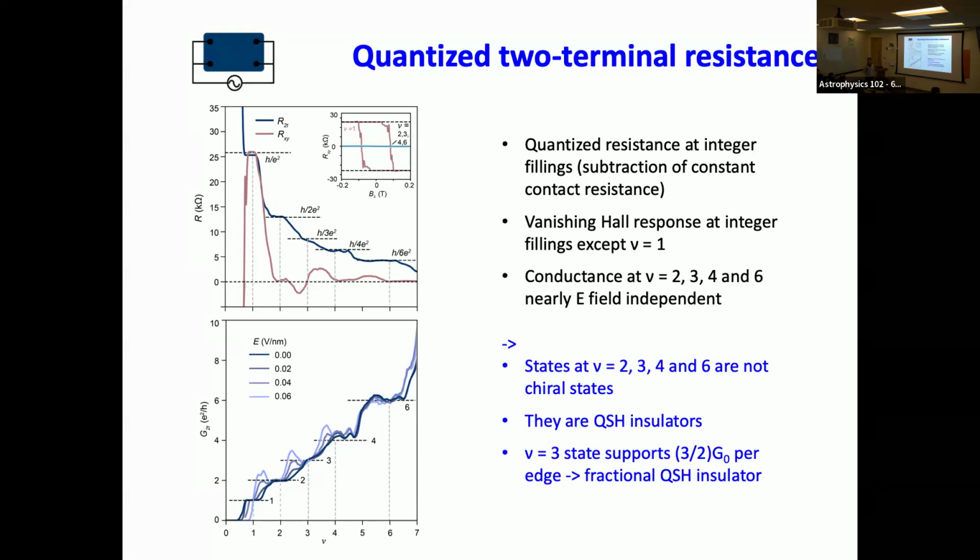We have a quantized two-terminal resistance with vanishing Hall response, and the best we can think of is quantum spin Hall insulators. At nu equal to 3, in this particular geometry that involves two edge states, it means each edge supports a quantized conductance of 3/2 e squared over h per edge. So it's most likely a fractional quantum spin Hall insulator.